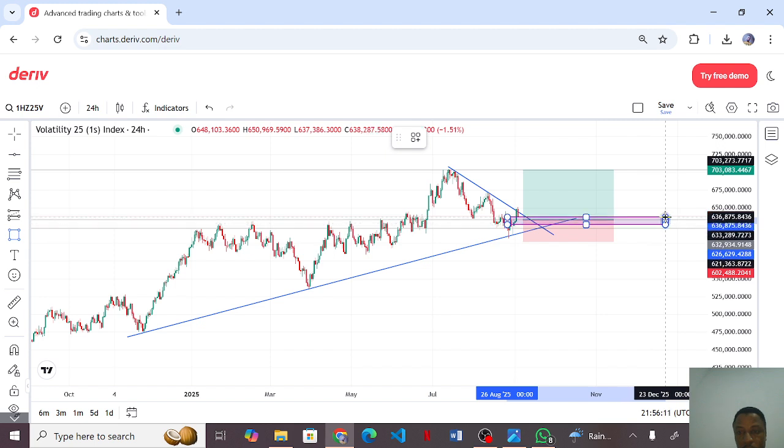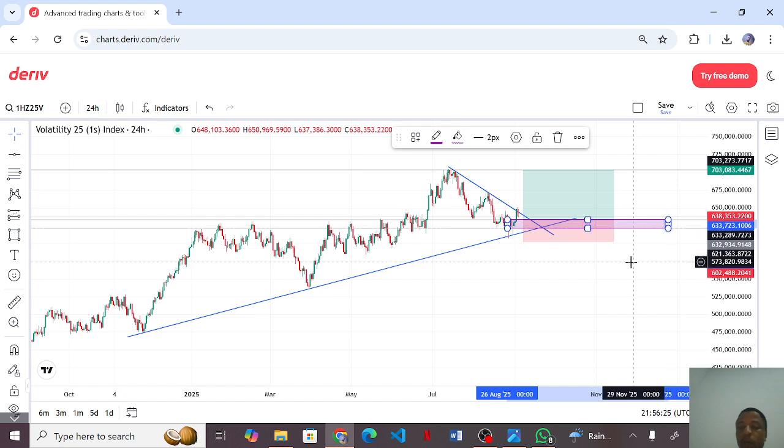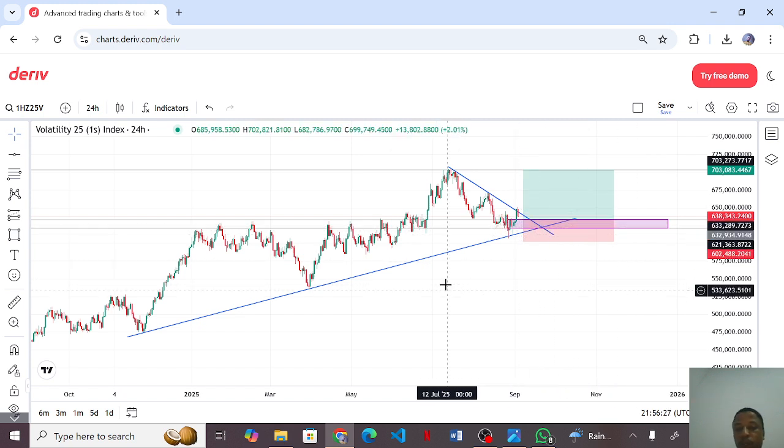So this rectangle signifies your entry. So basically, since this is a daily time frame, once price gets to this point, I will switch to a lower time frame where I will look for my entry.